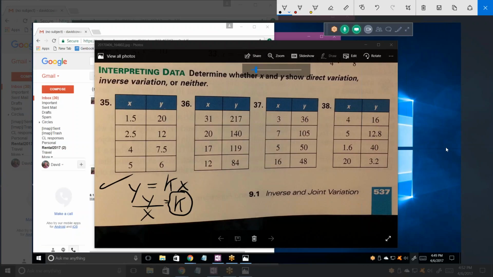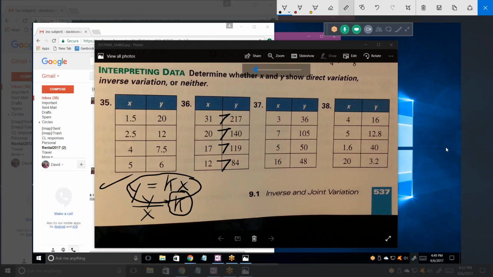If I divide y by x, I get 7 there, 7 there, 7 there, and 7 there. Therefore, k is 7 in every row, and that makes it a direct relationship.